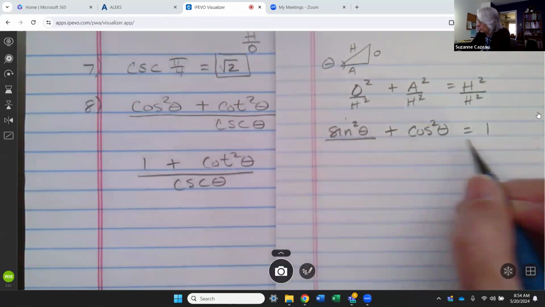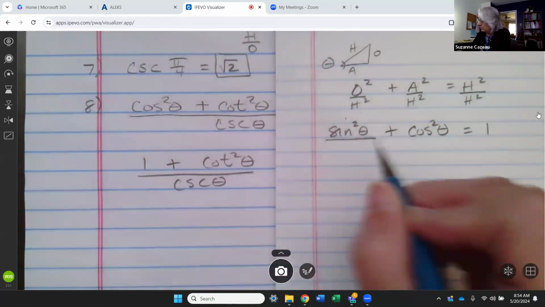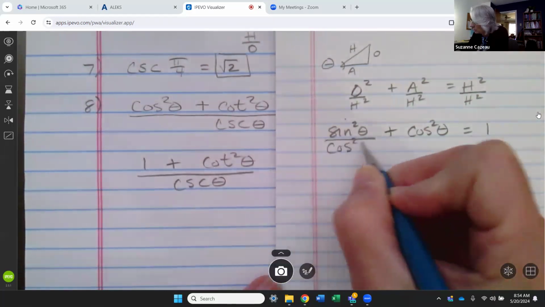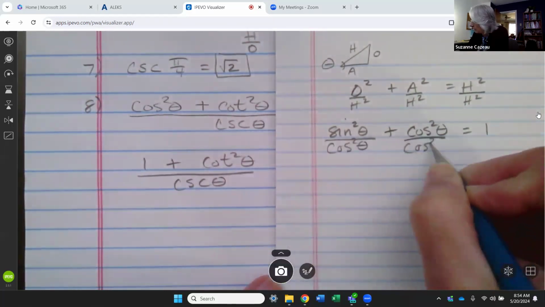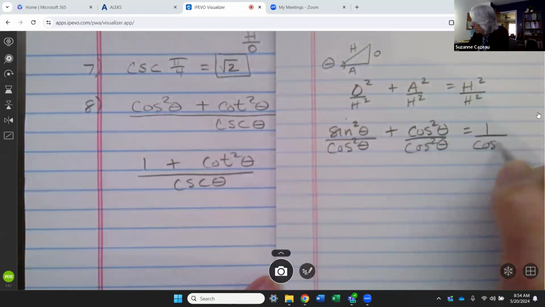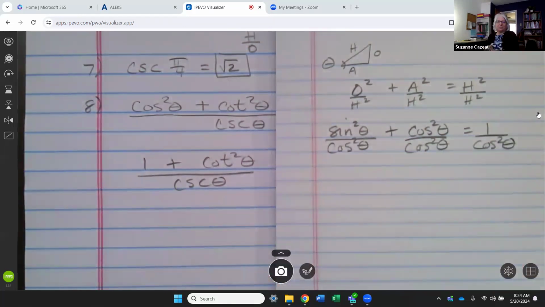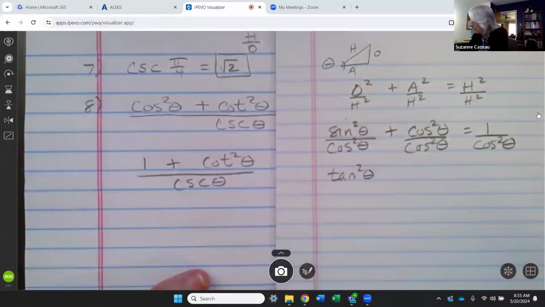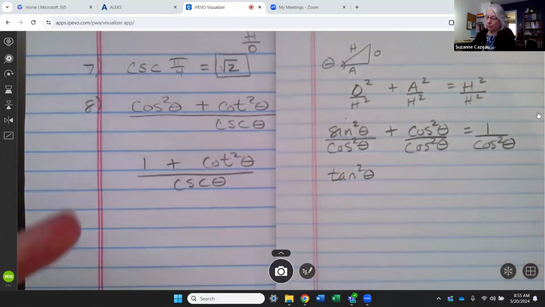Sine over cosine gets me tangent. Cosine squared, cosine squared, cosine squared. So if I do that, what do I get? I get tangent squared. Incidentally, if you divide everything by sine squared, you're going to get the third one.